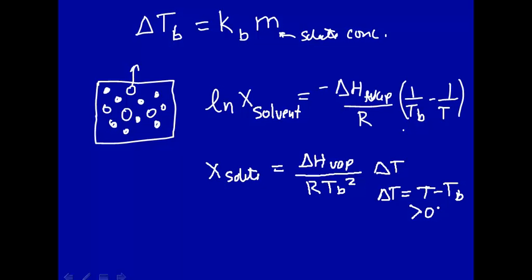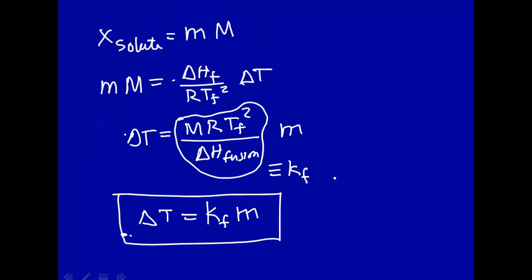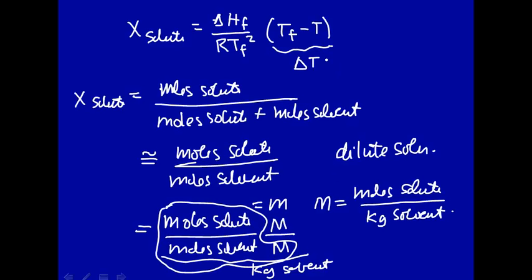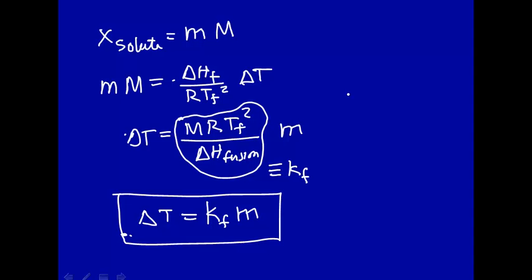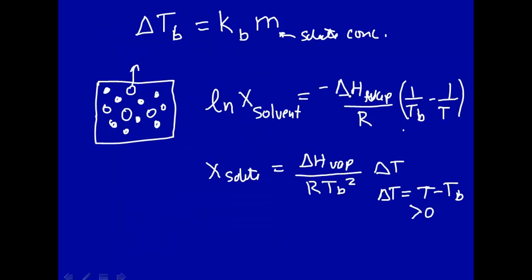On the other hand, we'll just go back here and see how we define delta T. The freezing point goes down, so delta T here is negative, less than 0, because the freezing point is depressed. Okay, so there are different definitions of the delta for freezing point and boiling point elevation. Okay, and then we make the conversion to molal.